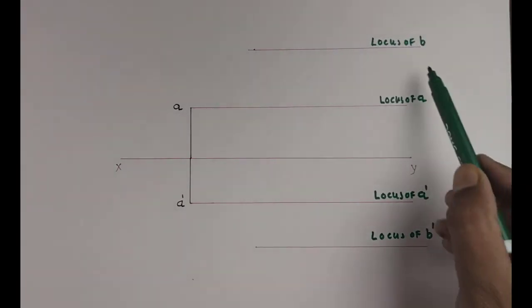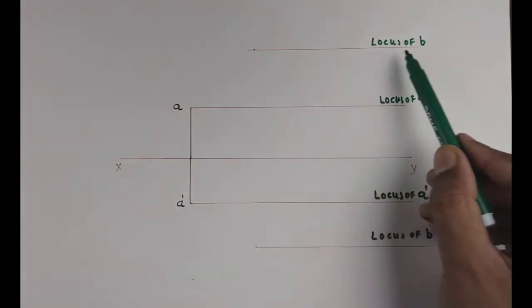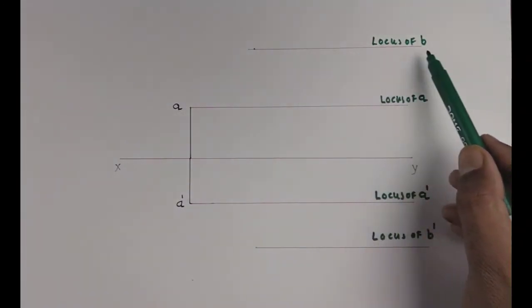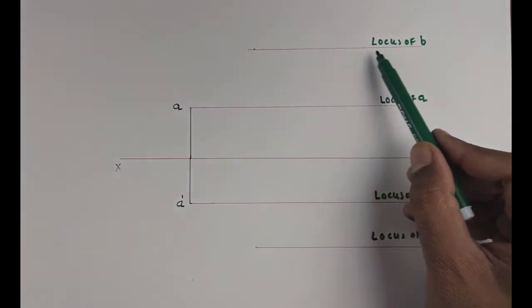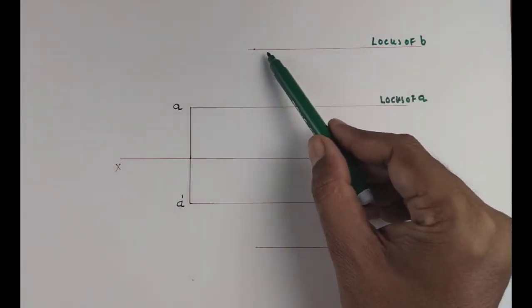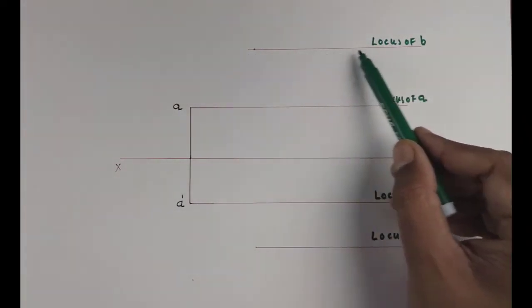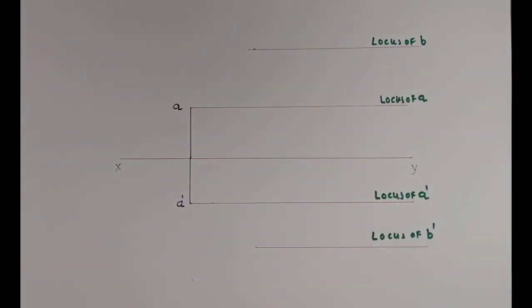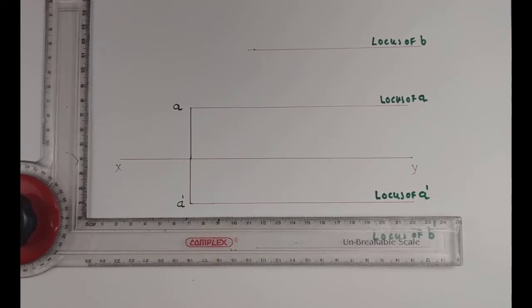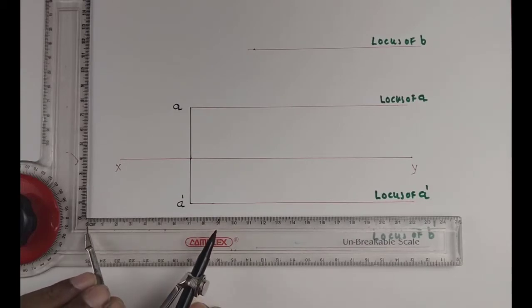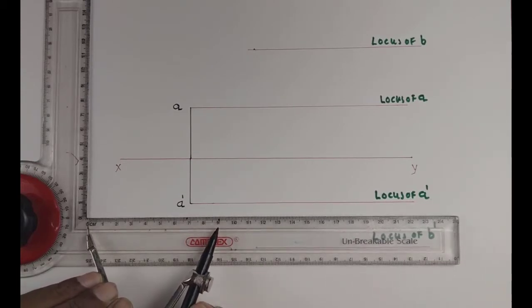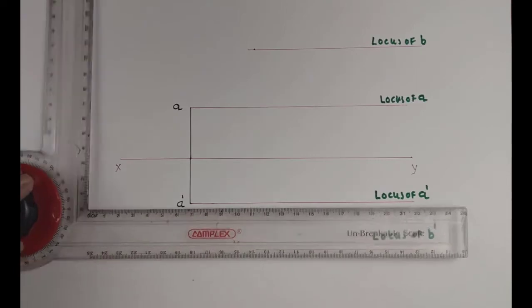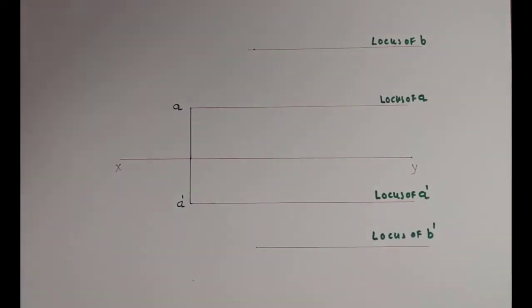What do you understand here? In particular, on this horizontal line, there are 2 points. One is the end point of true length B2, and second is B dash. Now the true length of line AB, 90 mm, is given. So first I take the radius 90 mm and draw the arc.